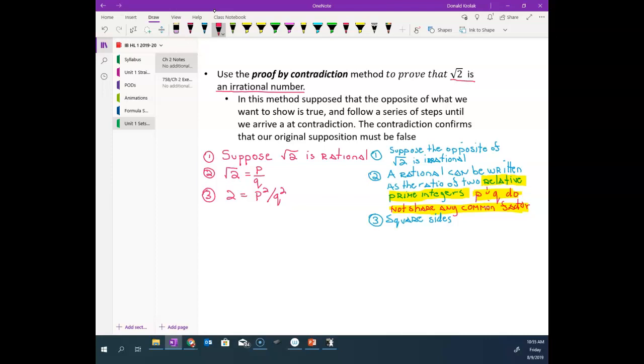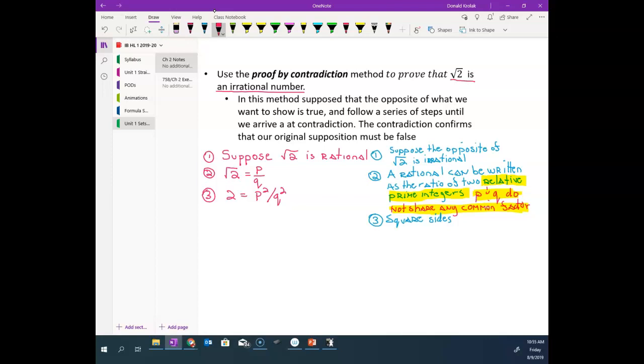Now what we're going to do, so that you understand where we're trying to go with this, we want to show that one of these values is an even number. Actually, we want to show that this has to be even and this has to be even.